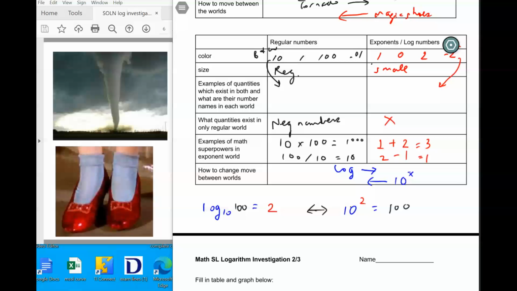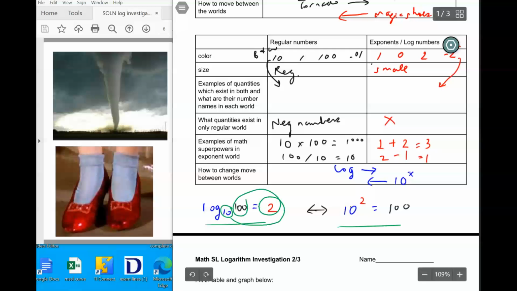I can change from this equivalent expression to this equivalent expression by drawing a snail on the left side here. So I'm going to draw a snail, and as I draw the snail, I'm going to say the conversion. So 10 to the second power is 100.